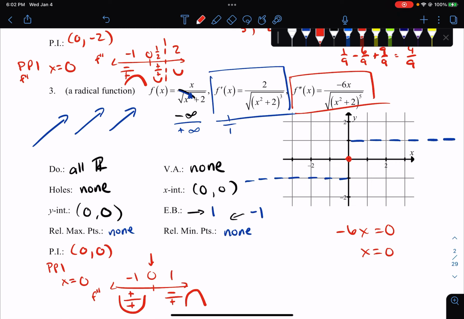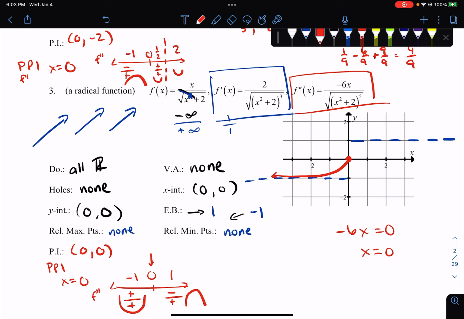So now we're ready to graph. To the left of that point, I'm concave up, but my function is increasing. So that means as I approach 0, my function is going up, right? So it looks something like that. And I could be more dramatic, if I wanted to, I could make it look a little bit more concave up.